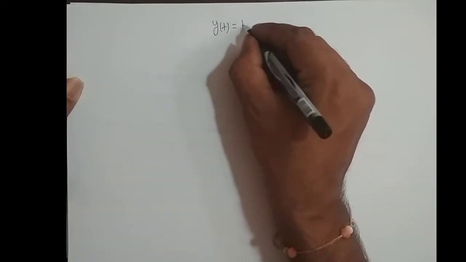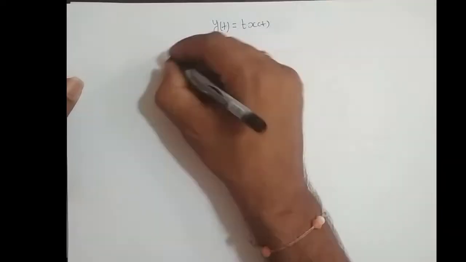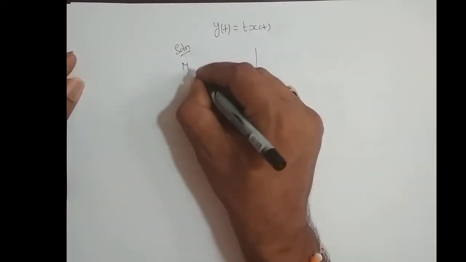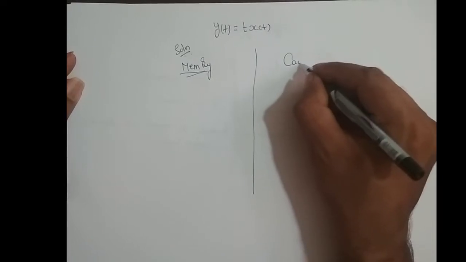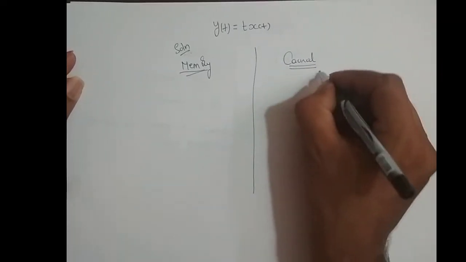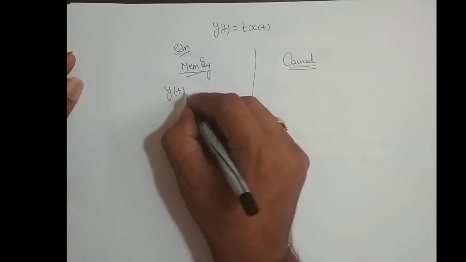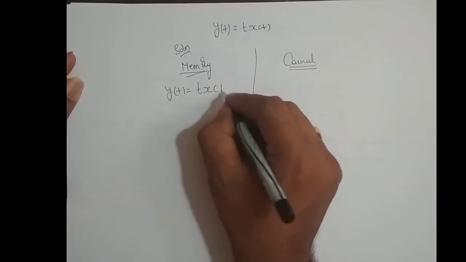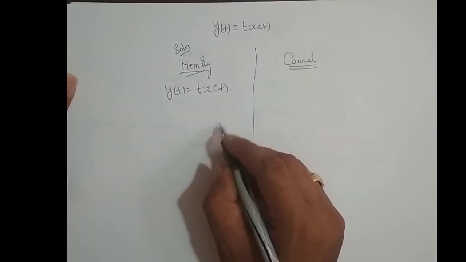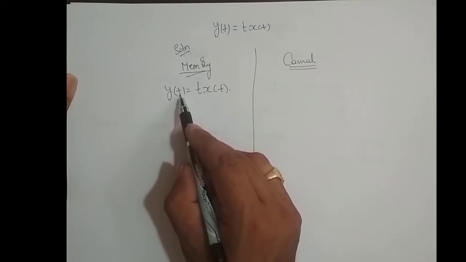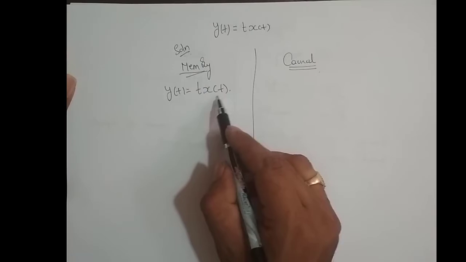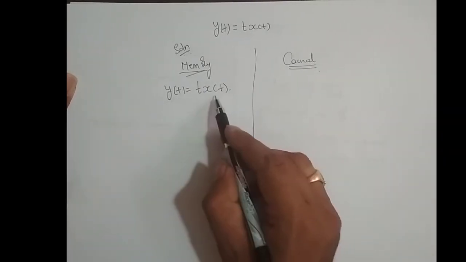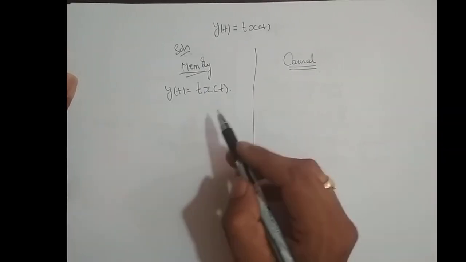y of t equal to t times x of t. Solution. First we'll check for memory and then we'll check for causality. Now for memory, y of t equal to t times x of t. Whatever the value of t you put across the output, the same value of t will come across the input. So present output depends upon present input.